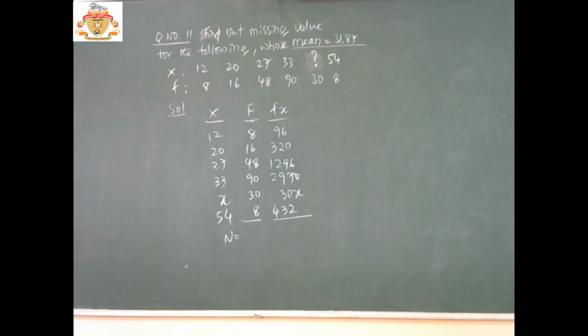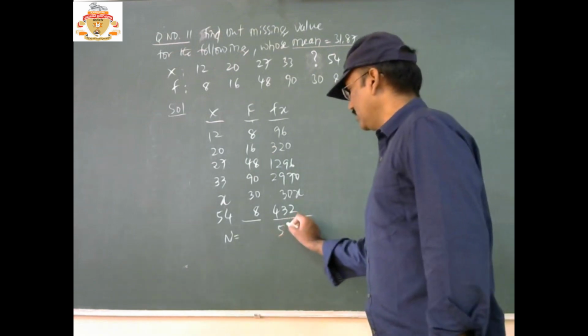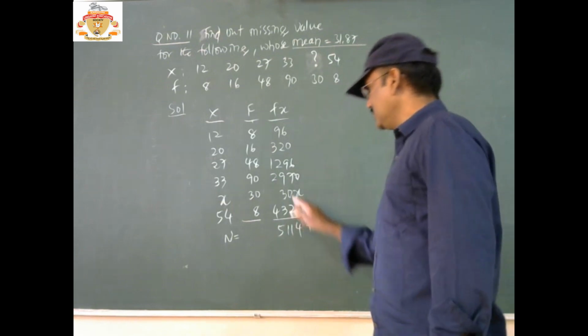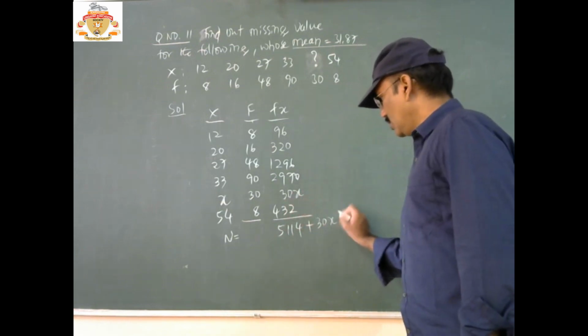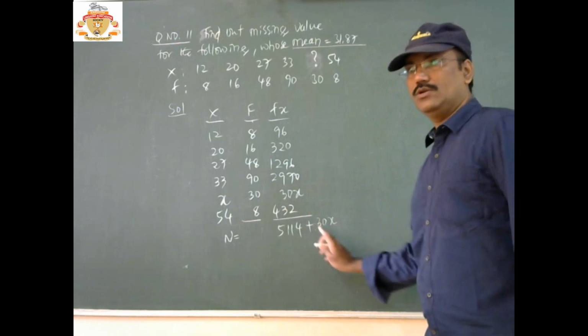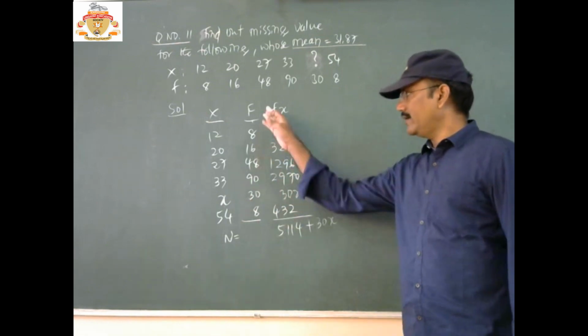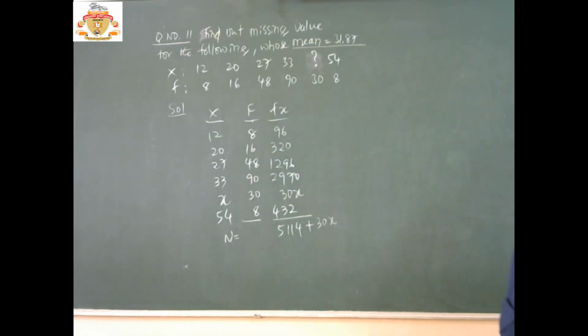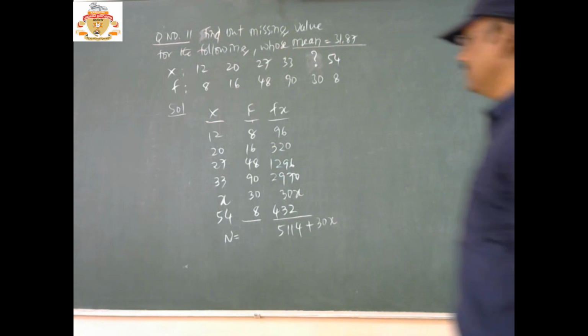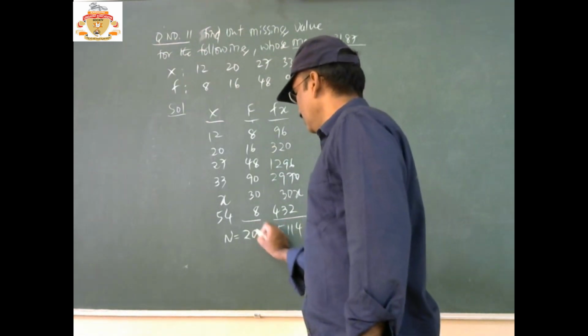Except 30x, the total comes to 5,114. Then plus this 30x. Don't add 30 in the total. Now find the frequency total. You have to add one by one: 8, 16, up to 8. The total is 200.